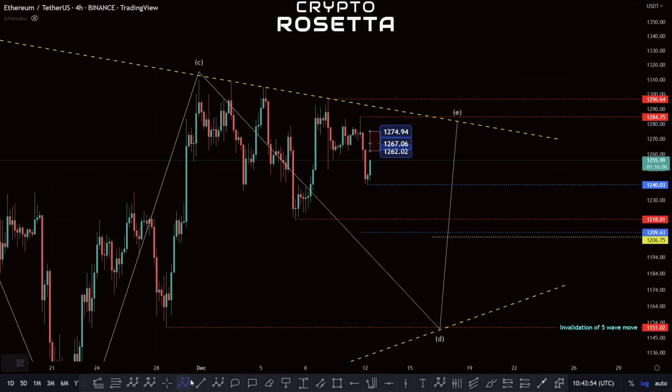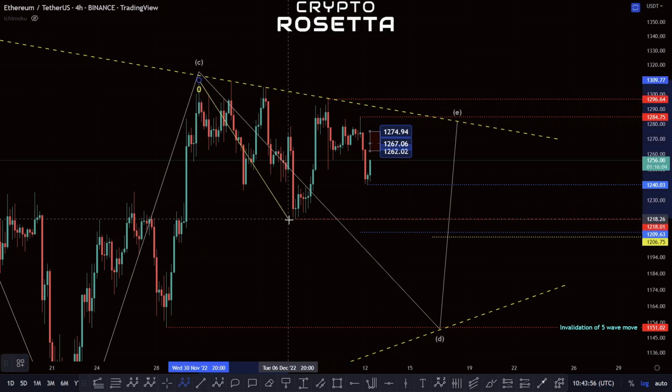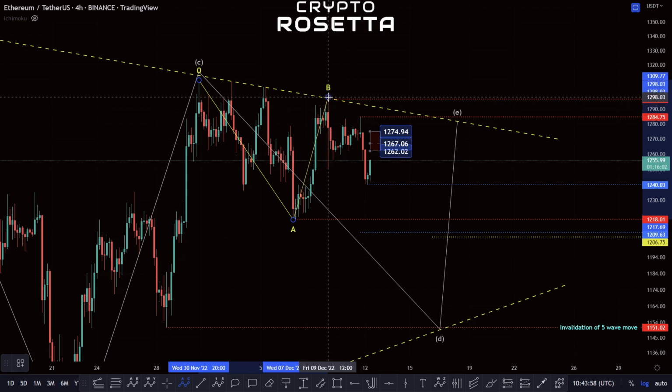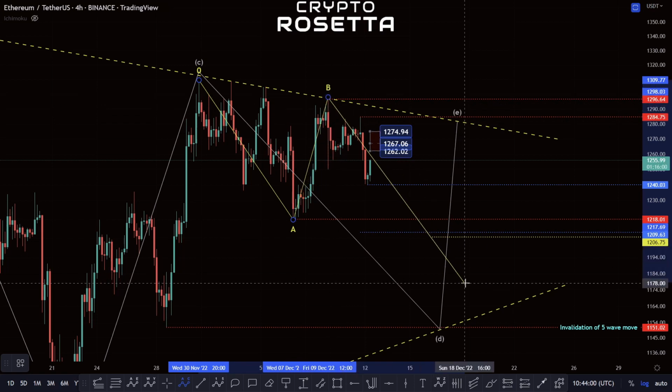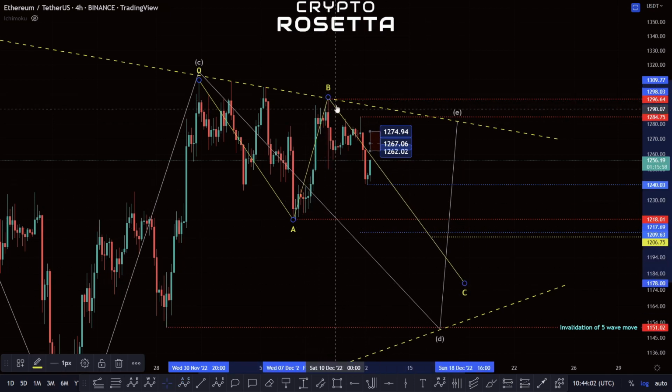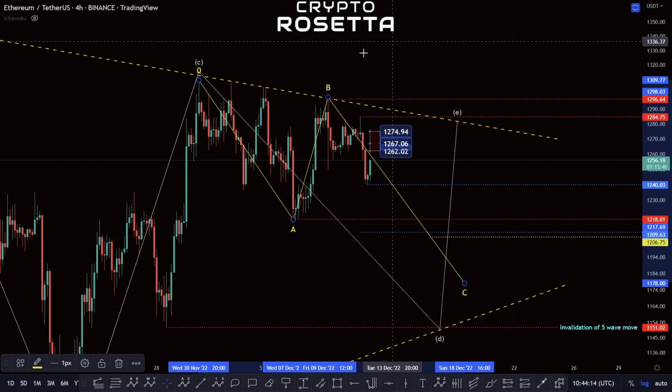So this would basically become an A wave from this high point up into a B, and then looking for the C. But because we have this as a 5-wave move, it's not very likely that this is playing out, because unless we take this low, we have to assume we're going to get at least another 5-wave move off of this.